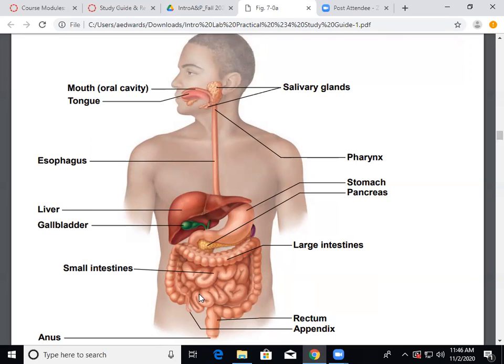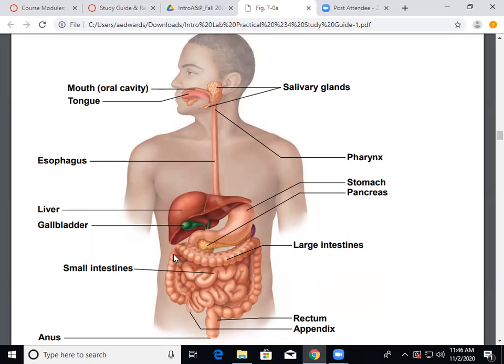Eventually, what's remained of your food and water is going to go into your large intestines. A lot of your water is absorbed at the large intestines. It has an ascending portion, and we sometimes refer to the large intestines as the colon. You've heard of colon cancer or colonoscopy, things like that.